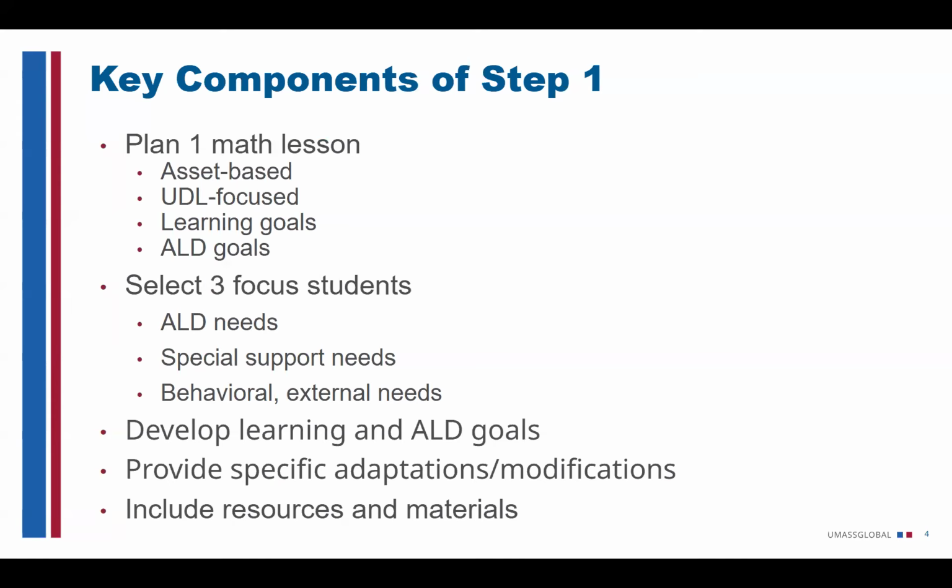You're going to select 3 focus students, one that has academic language development needs, one that has special support needs, and one that has behavioral or external needs outside of class. You're going to be developing learning and ALD goals, specific adaptations and modifications, and including resources that support your lesson plan.